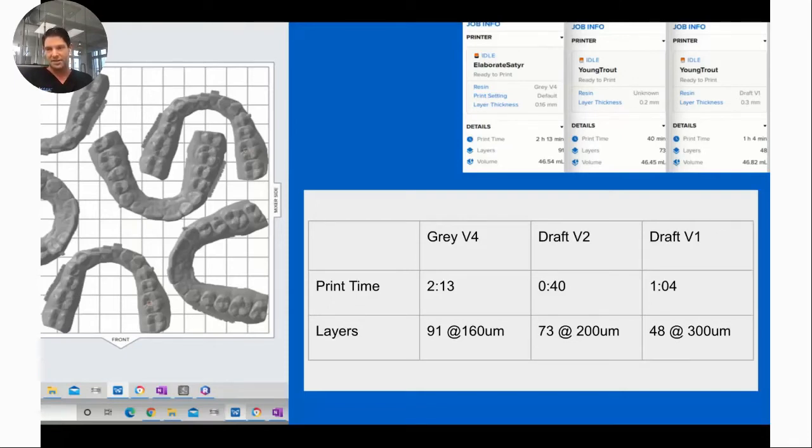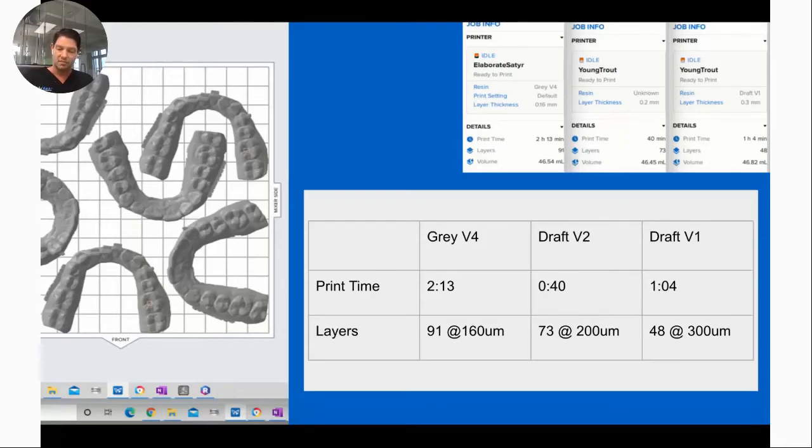But one of the downsides with that material was that when you went to cut the thermoform plastic off of the model, it had a tendency to melt, whereas the gray resin did not. That was one of the nice things about version 2 of Draft that we're talking about today: when you cut that off the model, it doesn't melt like the blue resin did.